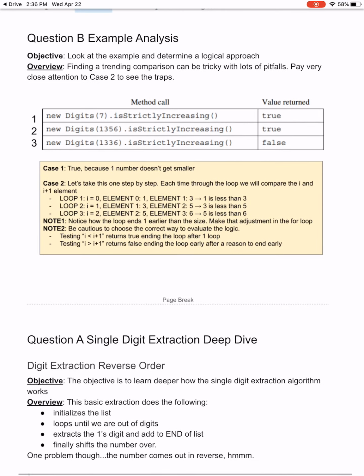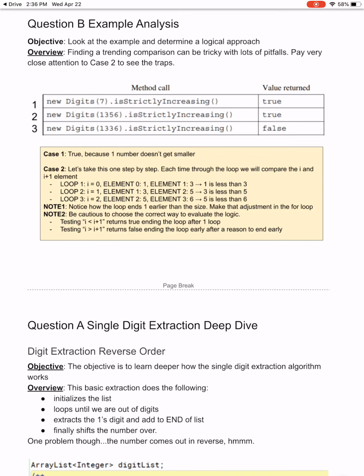Okay, so let's also look at the examples. Sometimes in the code or in the instructions, they'll provide examples in a table, and we'll be able to figure out exactly how it's going to work. So number one was pretty straightforward. There's just one number, so one number is going to be increasing, so it returns true. Okay, the next thing to consider there, though, is when it says digits 1, 3, 5, 7.